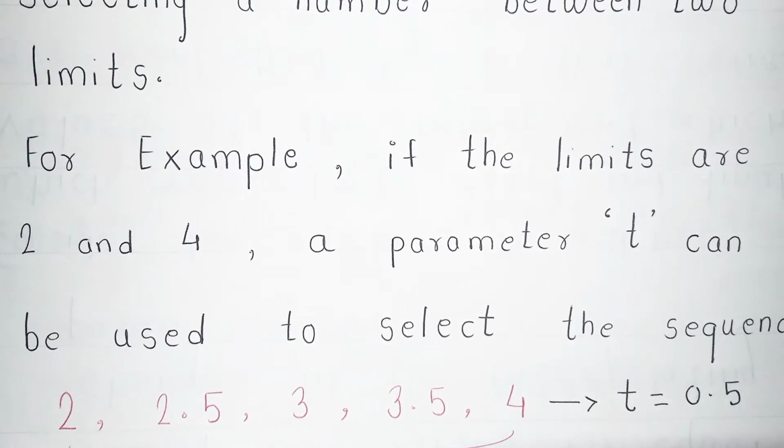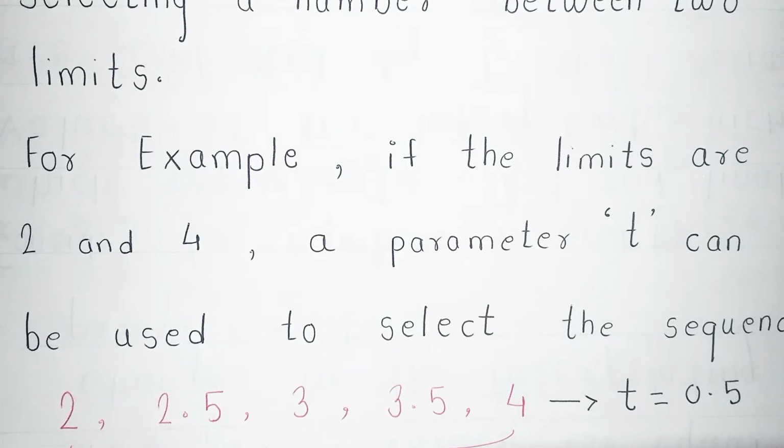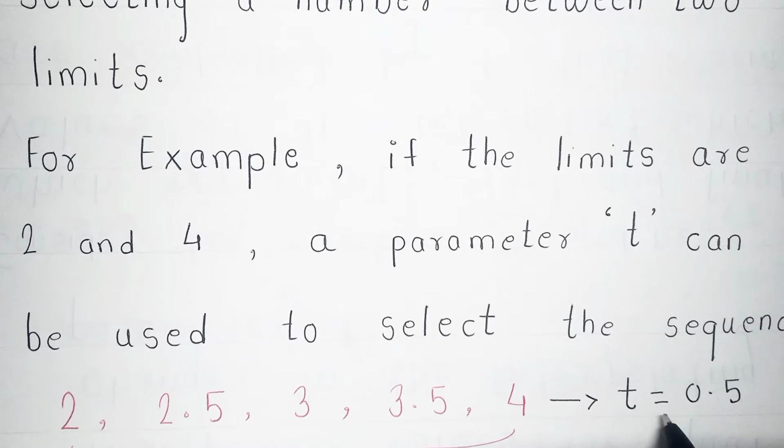So just assume that by using a parameter t, we can generate the sequence of the number between 2 and 4, like these: 2, 2.5, 3, 3.5, 4. So what does it mean? The value of t is equal to 0.5 here.